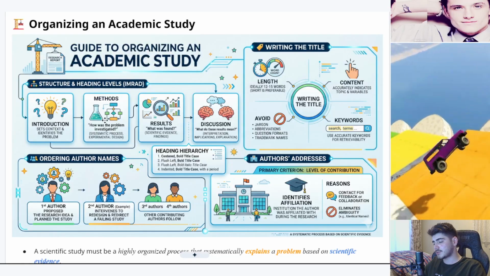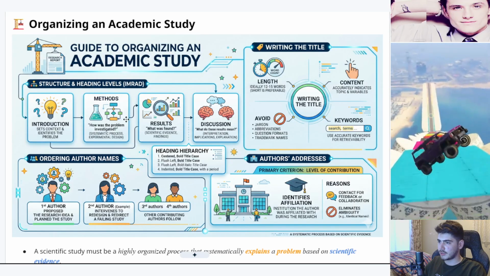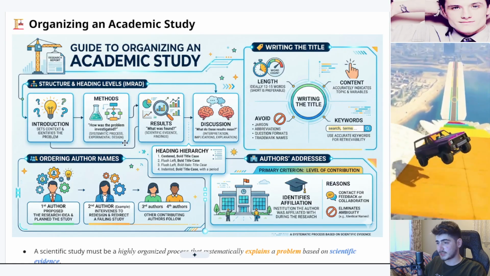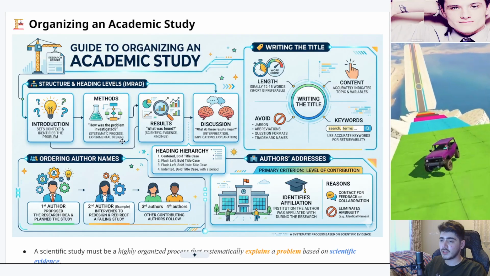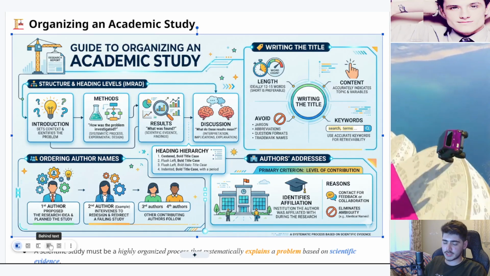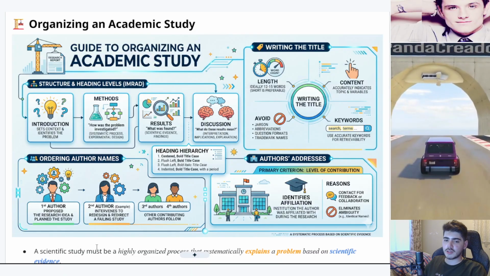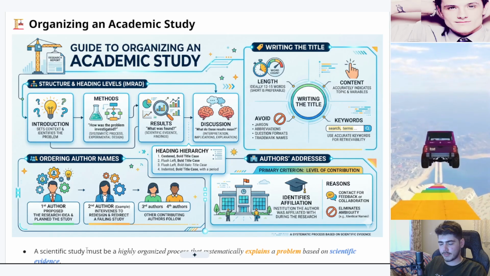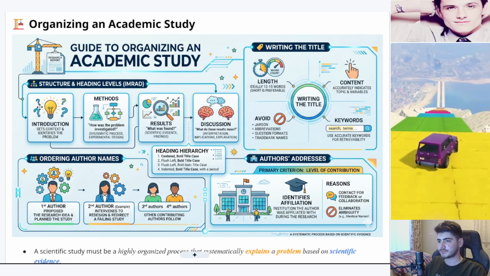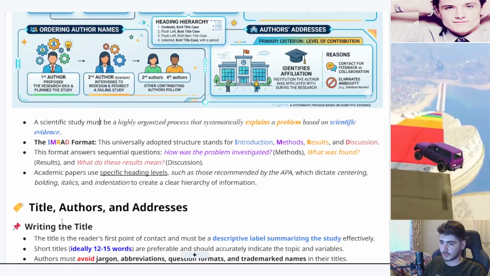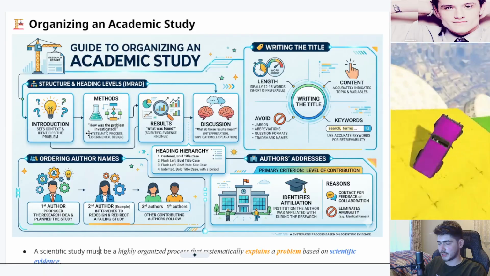The methods, the M in IMRAD: how was the problem investigated, the systematic process, the experimental design. For example, let's say we are going to conduct a study on the effects of caffeine in humans, or are energy drinks bad or good for you? We are trying to see that.